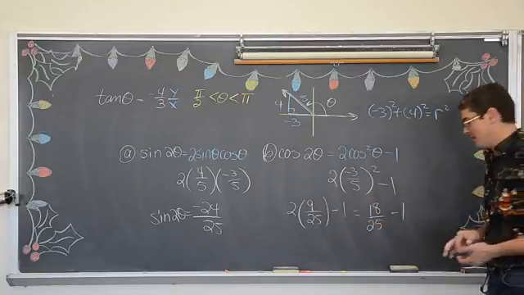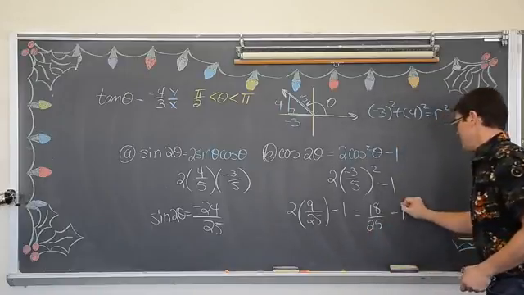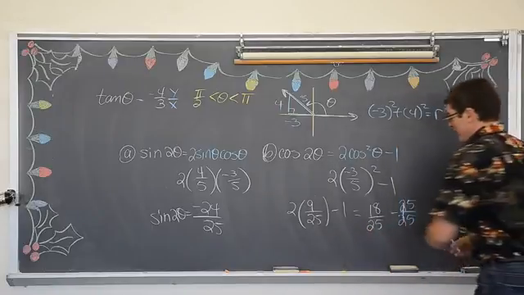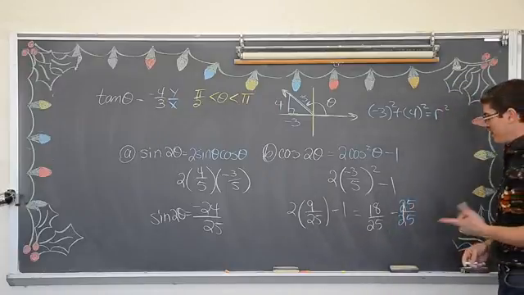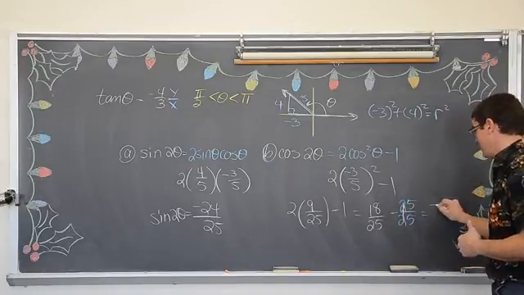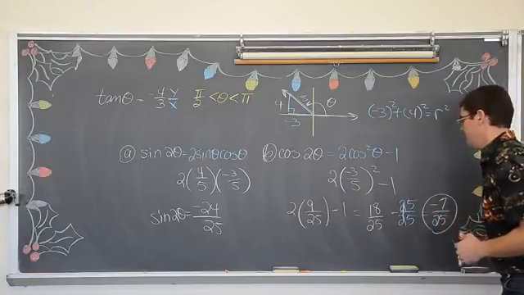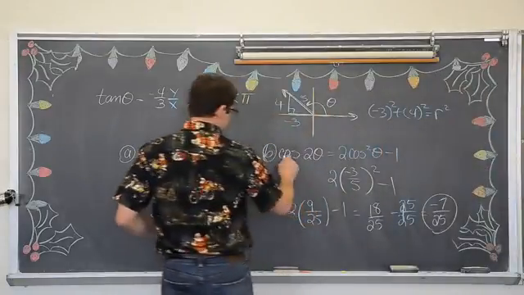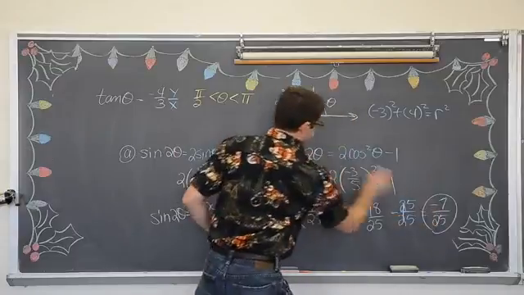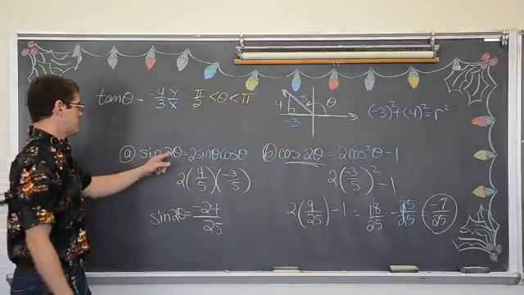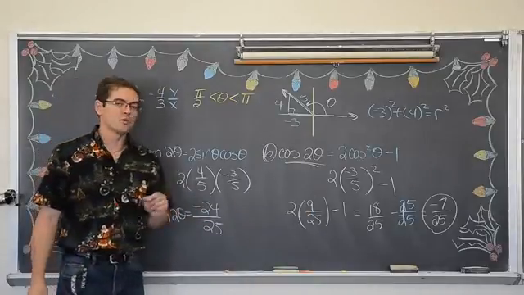Now we need a common denominator. So 1 is going to become 25 over 25. And 18 minus 25 is negative 7 over 25. So the cosine of 2 theta is negative 7 over 25. The sine of 2 theta is negative 24 over 25.